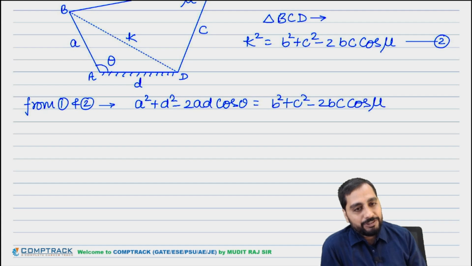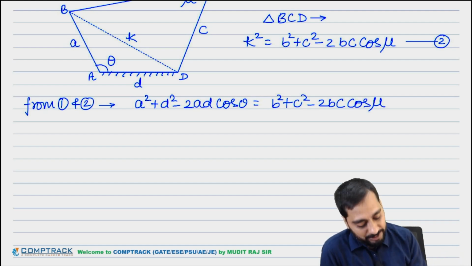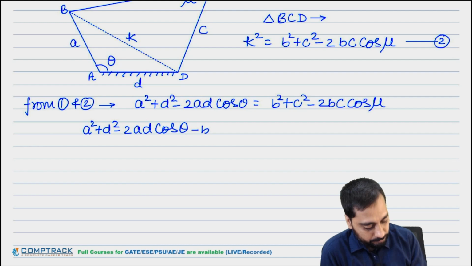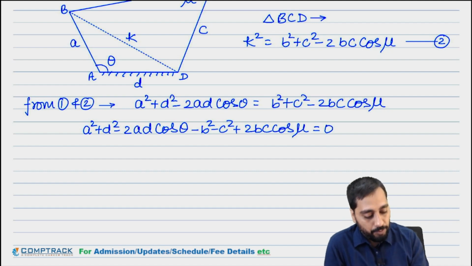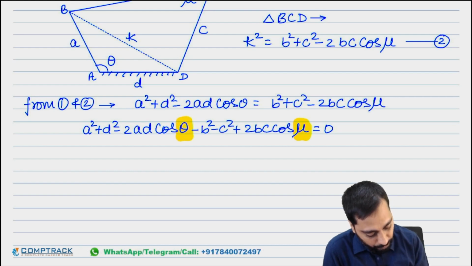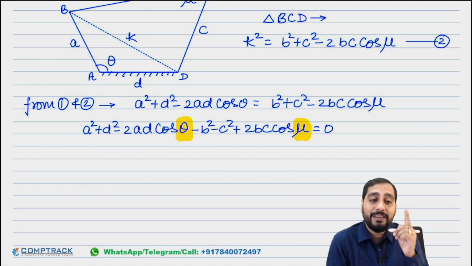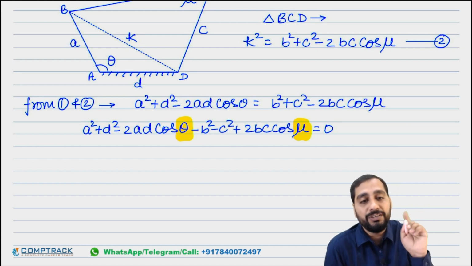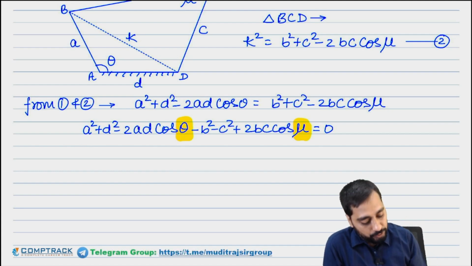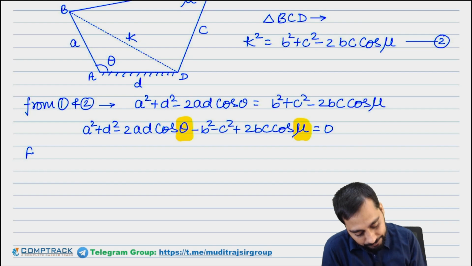Now simply you can take all these terms on the same side. Now mu is our output angle and theta is our input angle. So we want to check the variation of mu with respect to theta. When mu will be maximum and when mu will be minimum, we will simply differentiate it.